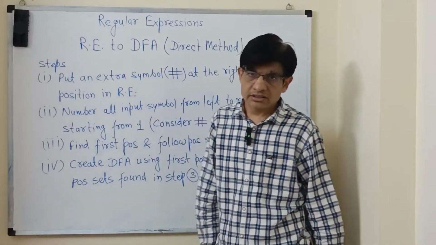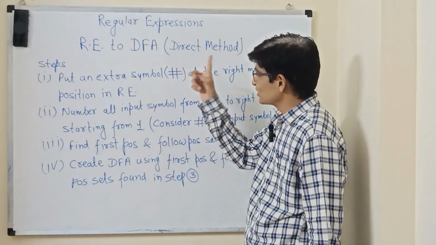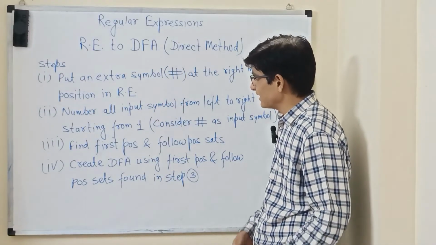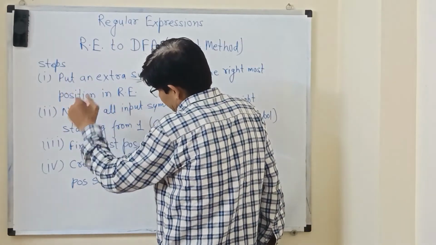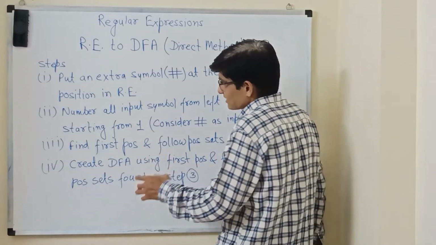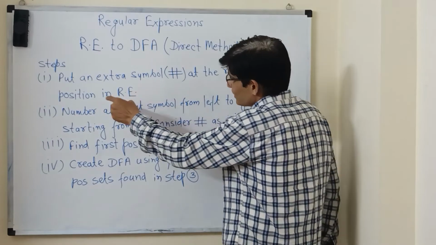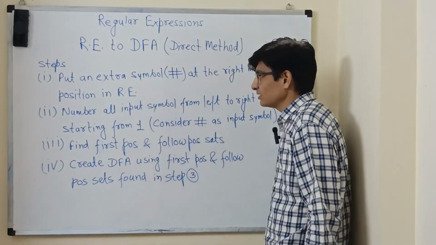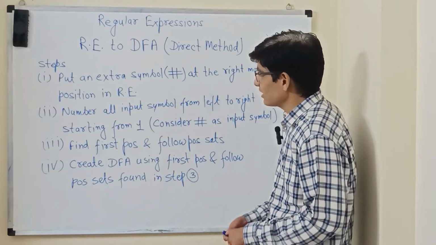So friends, these are the steps of converting a regular expression into a DFA by the direct method. We will see these steps one by one. First step is to put an extra symbol hash at the rightmost position in the regular expression.